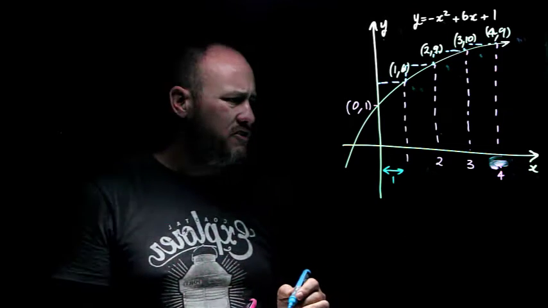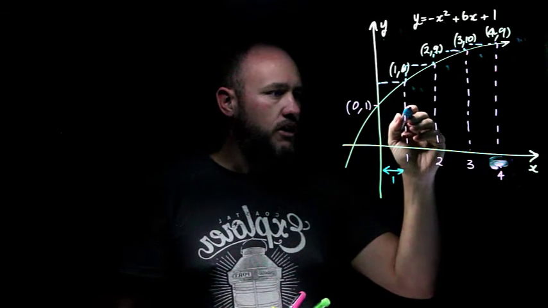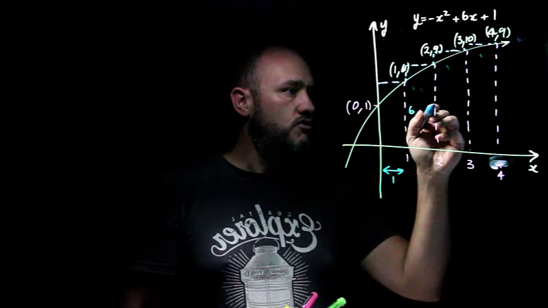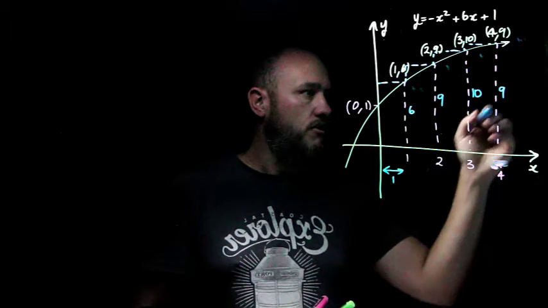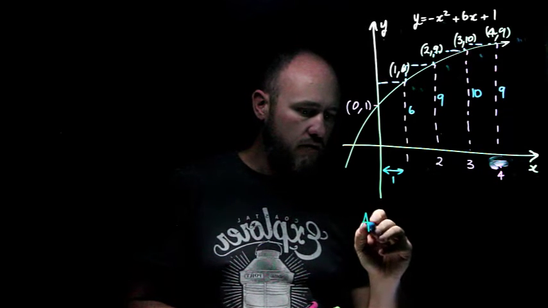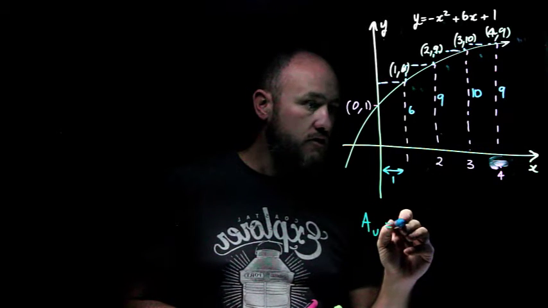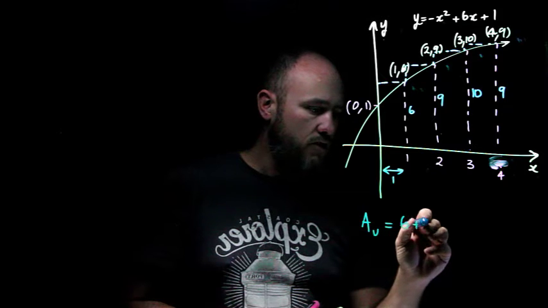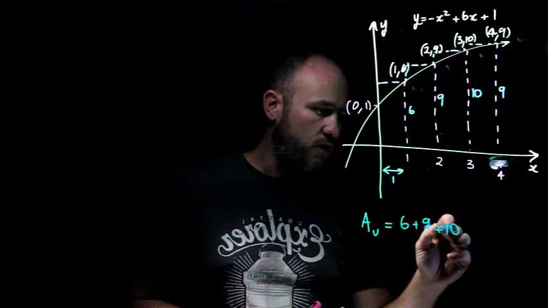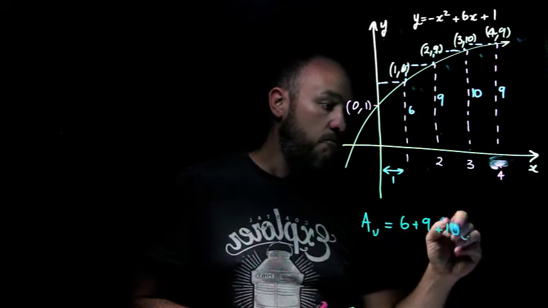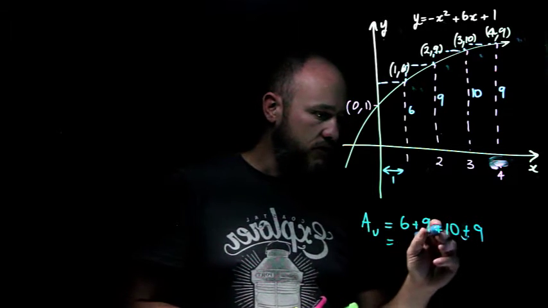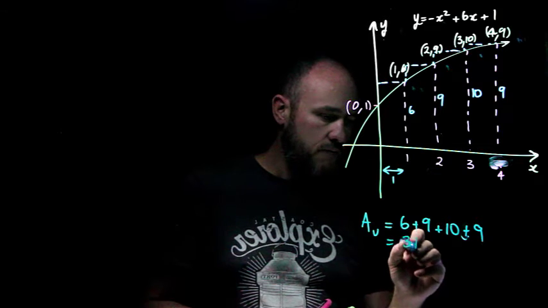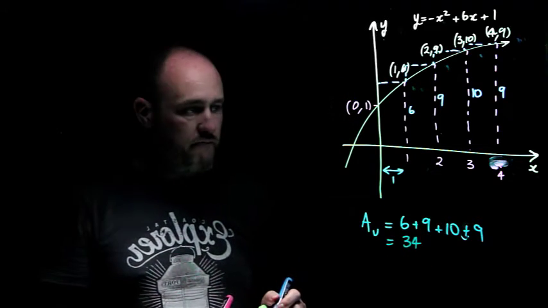I've chosen some nice easy numbers. And this rectangle has a height of 6. This rectangle here has a height of 9. This one has a height of 10. This one has a height of 9. And so my area for the upper rectangle method is equal to 6 times 1 plus 9 times 1 plus 10 times 1 plus 9 times 1. And that of course is equal to 15, 25, 34. That's my upper rectangle method.